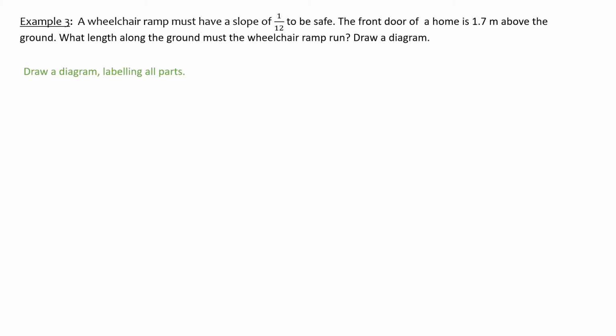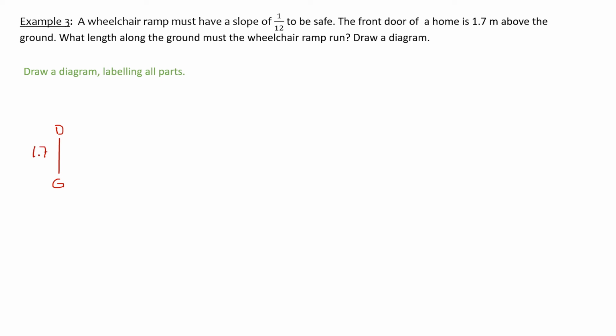Okay, we have to draw one this time. So I've got the front door of a home, like that. Let's say that's the front door, and put a D here for the door. And this is the ground, G, because the front door is 1.7 meters above the ground.